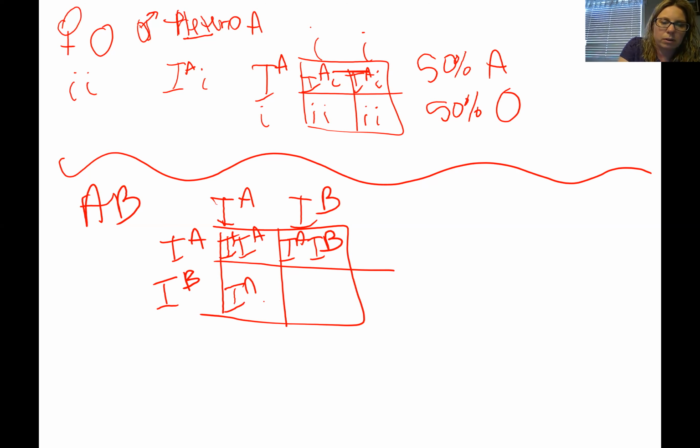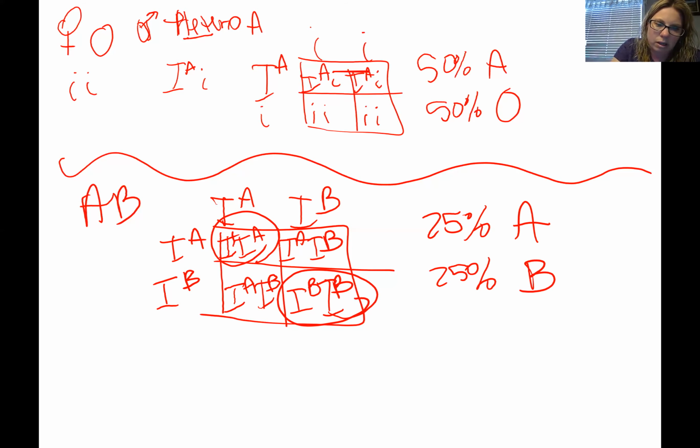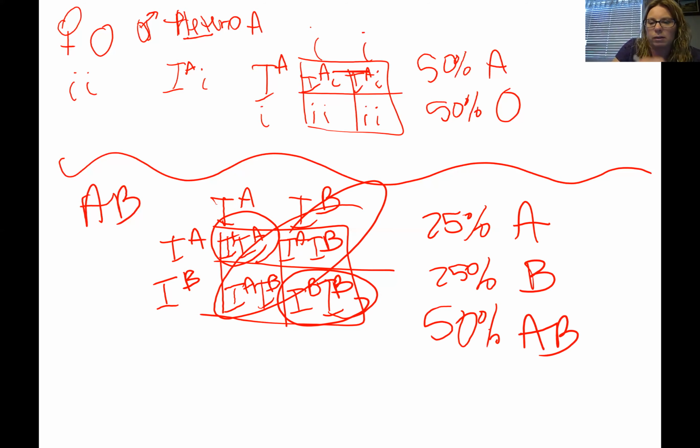This one's AB. And this one will be dominant type B. Okay, so they're going to have a 25% chance of being type A, which is this one. 25% chance of being type B, which is this one. And then a 50% chance of being type AB.